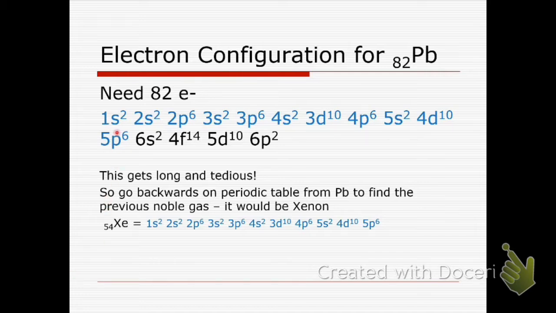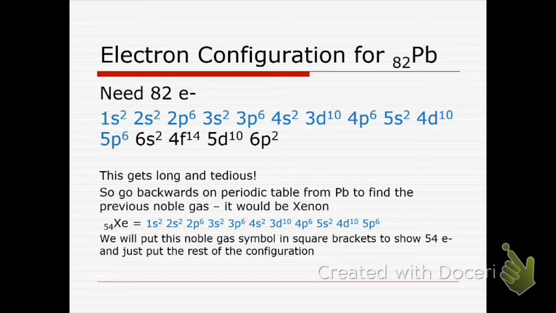Notice the configuration for xenon, if I'm looking at the highlighted area here, would be all the way up through 5p6. I'm showing it in a different color in our original configuration for lead. So we are going to simply show xenon in square brackets and then write what we have left in the configuration.